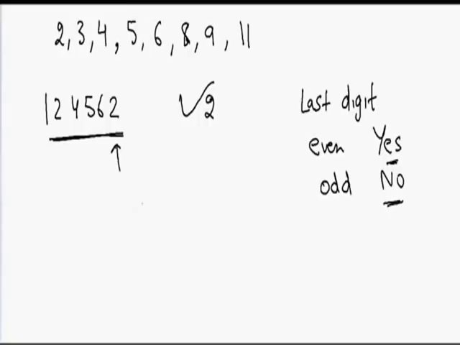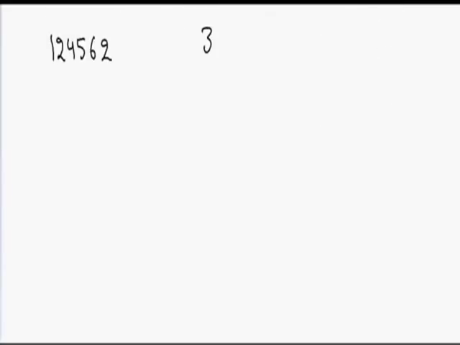Now let's talk about division by 3. If I have 124562 again, and I'm looking at whether it's divisible by 3 or not, in that case I'll add all these digits together. So I'll say 1 plus 2 plus 4 plus 5 plus 6 plus 2. That will give me 3 plus 4, 7, 7 plus 11, 18 plus 2, 20.